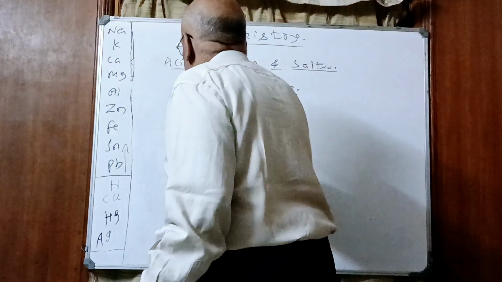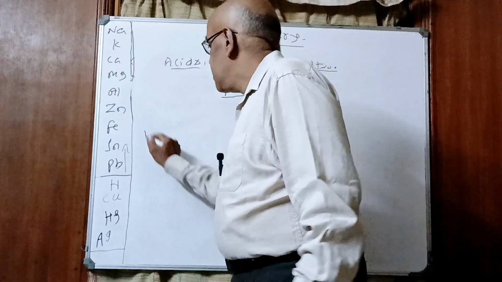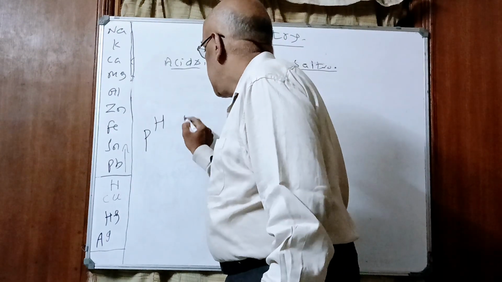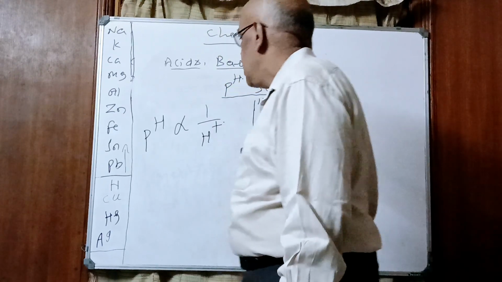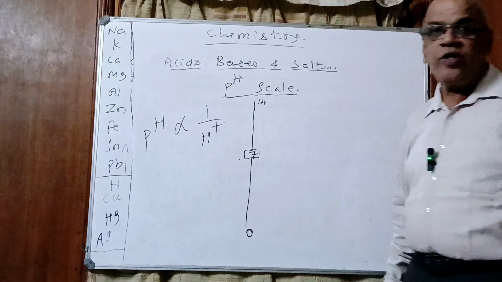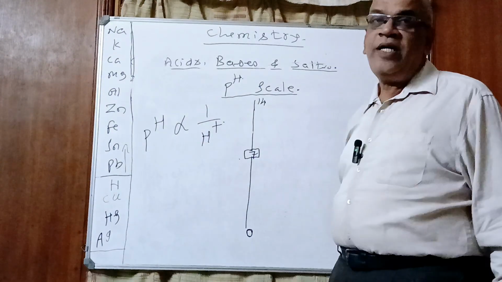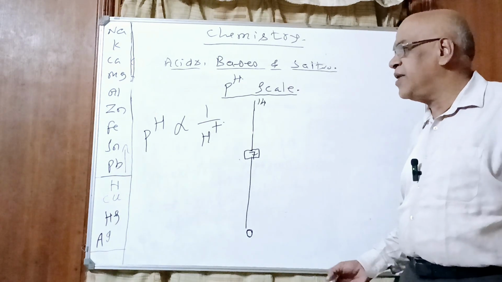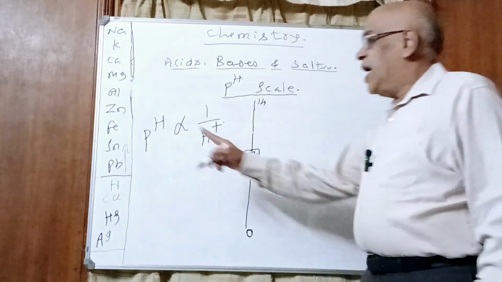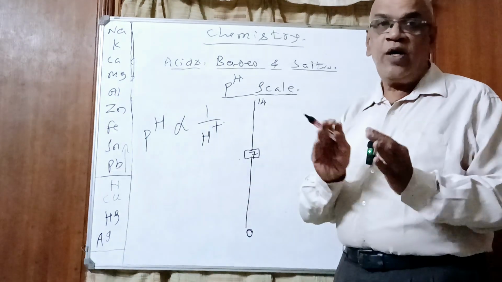Now, most important, children, remember, pH is inversely proportional to the concentration of hydrogen ions. What does it mean, children? Higher the pH value, lower the concentration of hydrogen ions in the chemical.